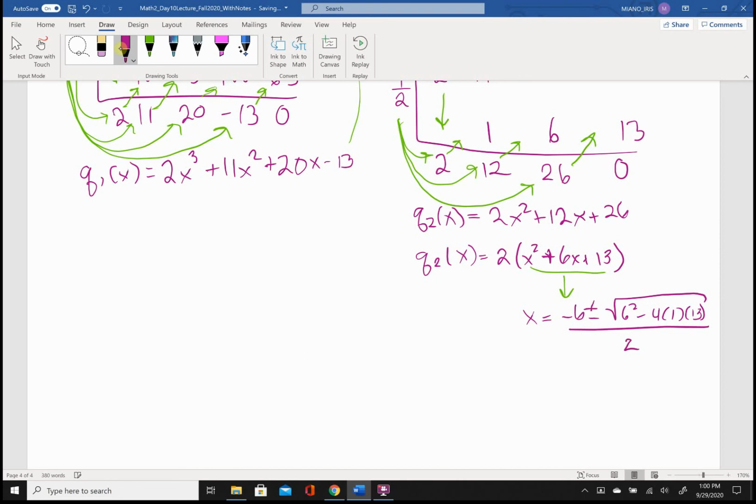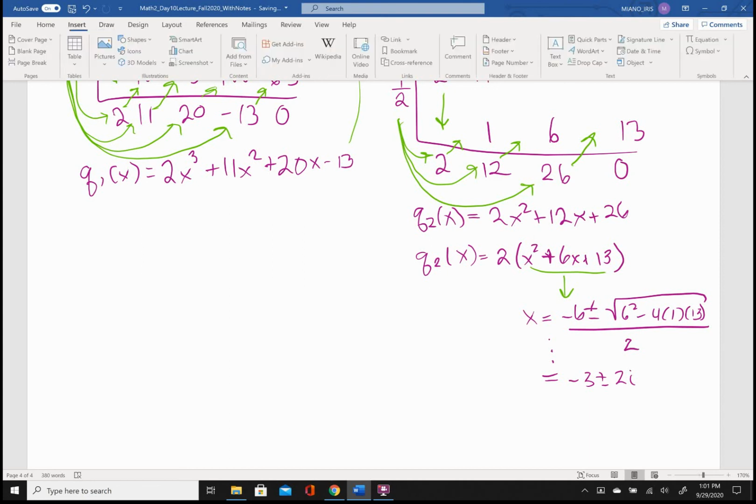All right, so simplifying everything down here, we will get the following. So I'm just going to go dot, dot, dot, and under the express understanding that you could simplify this on your own. If you want me to demonstrate in class, I will upon request. You should get -3 plus or minus 2i. Cool. So that's a complex conjugate pair, and so that's 2 solutions right there.